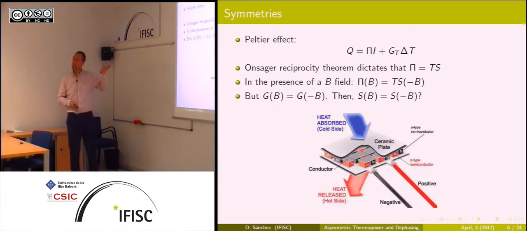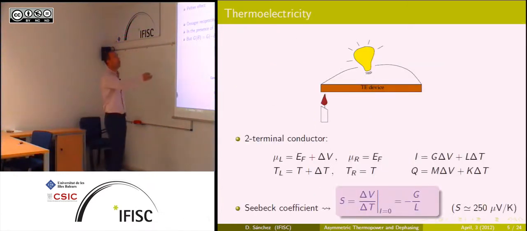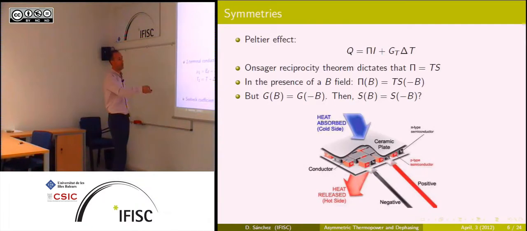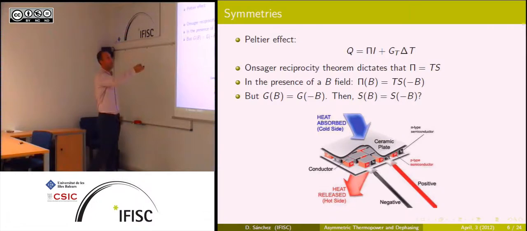However, experimentalists prefer to write the second relation in a different way. So they prefer to take as an independent variable, instead of voltage, the current. And so the heat flux will be given by some coefficient, pi, plus the thermal conductance times temperature.